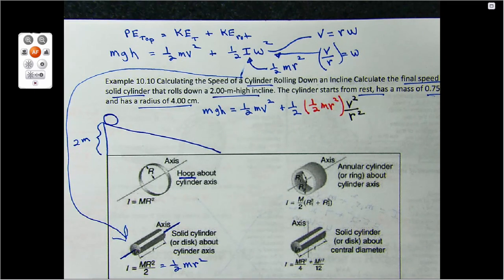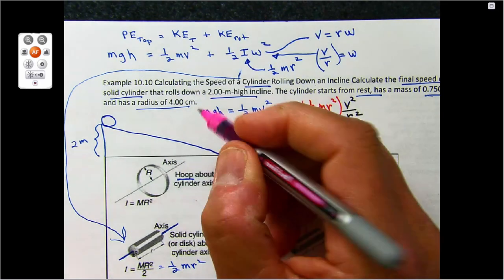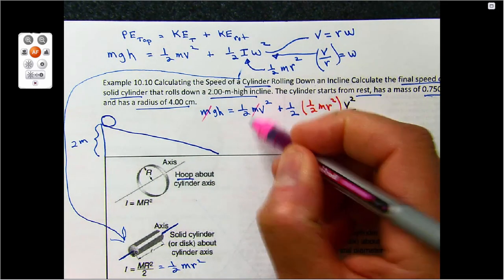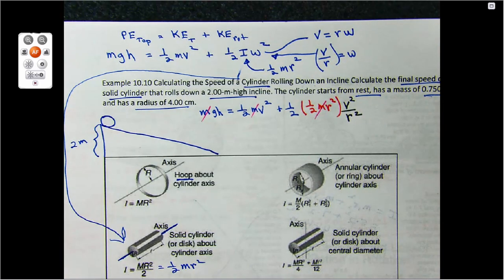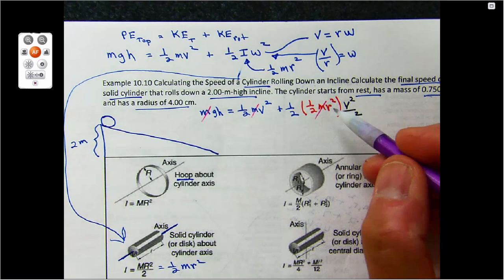What can I get rid of? Get rid of M. What else can I simplify? I can get rid of this R squared here, right?